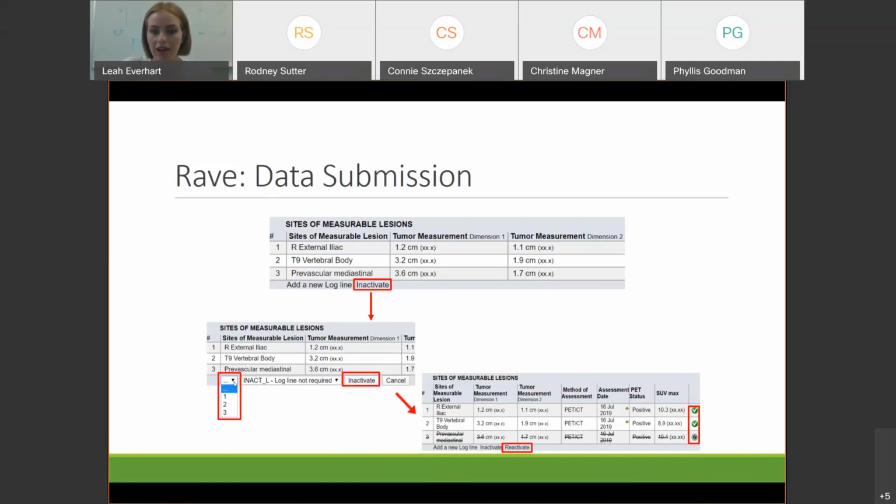It's important to notice that all active log lines that have been correctly completed will have that green check mark at the end of the log line, and the inactivated log line has an inactive icon. And similarly to inactivating a log line, you can also reactivate them by clicking the reactivate link and selecting the log line again from the drop-down box. Next slide, please.